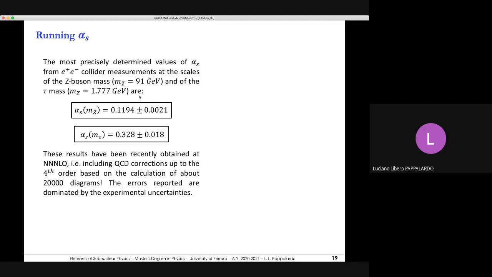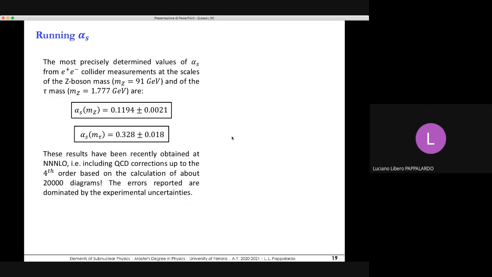And at a lower energy, sorry, this is the tau, not the Z, I have to correct this. The tau lepton has a mass of 1.8 GeV, so much lower. When you calculate alpha strong at the scale of the mass of the tau lepton, you get 0.3. So you see already how it is changing.